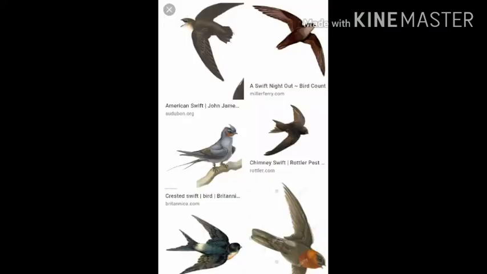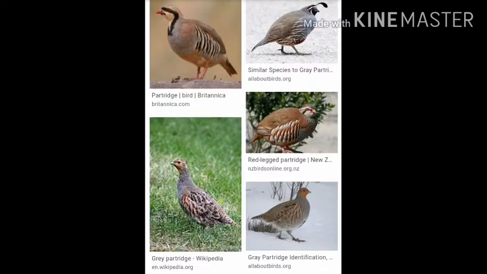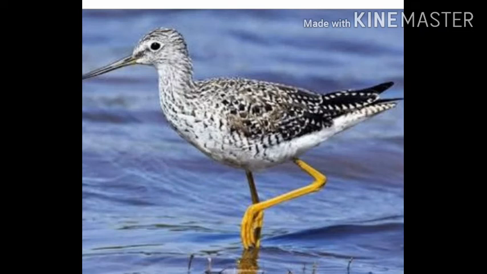The third type of bird migration is altitudinal migration. It is also known as vertical migration. Most of the birds that show this type of migration are present in mountains, because the birds move to high mountains in the summer and to low valleys in the winter.